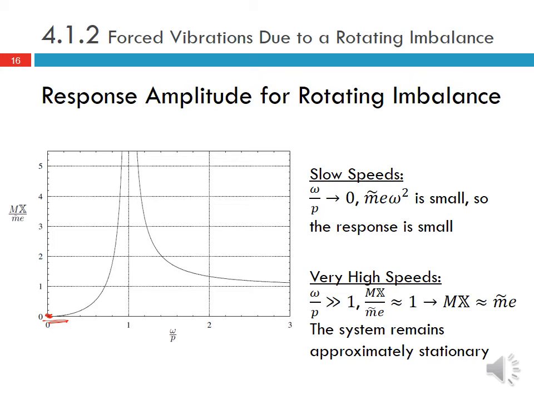And at very high speeds, when omega over p is much bigger than 1, then MX over m e is approximately equal to 1, so MX is approximately equal to m e, and the system remains approximately stationary. So as you can see as we get out in this direction.